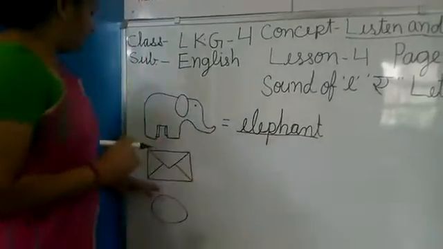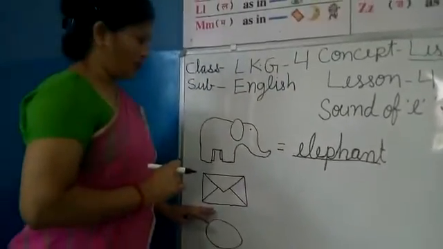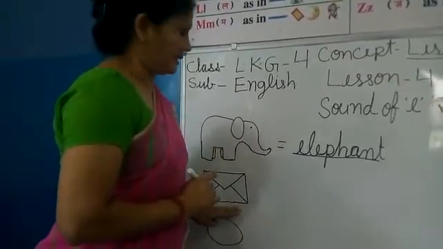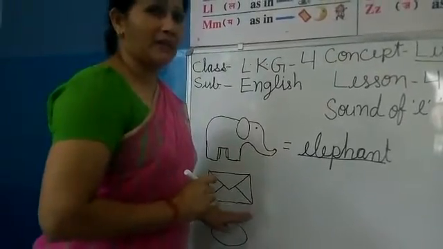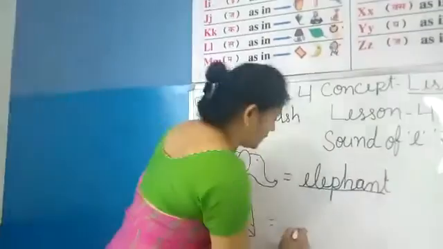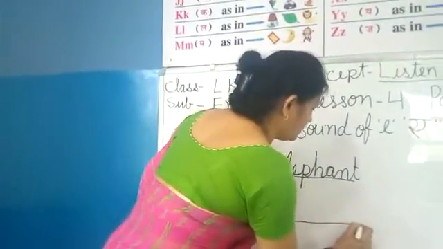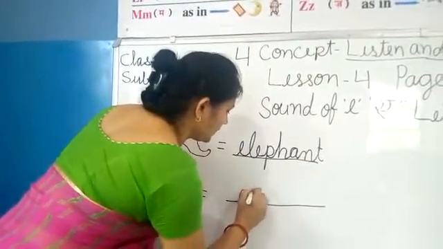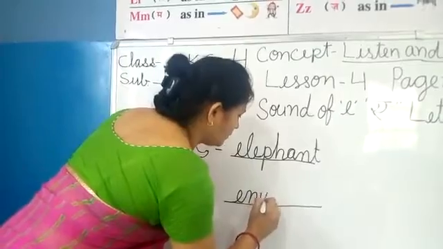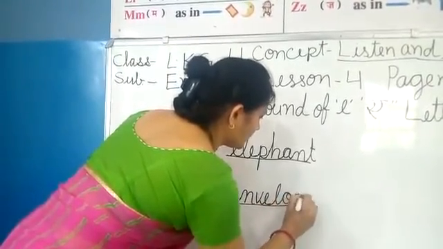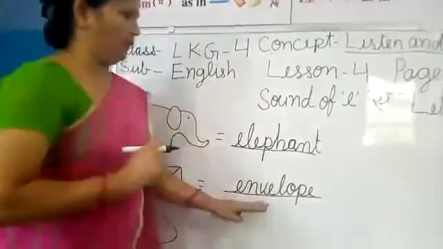Next picture is, who is this picture children? This picture is envelope. Write here envelope.